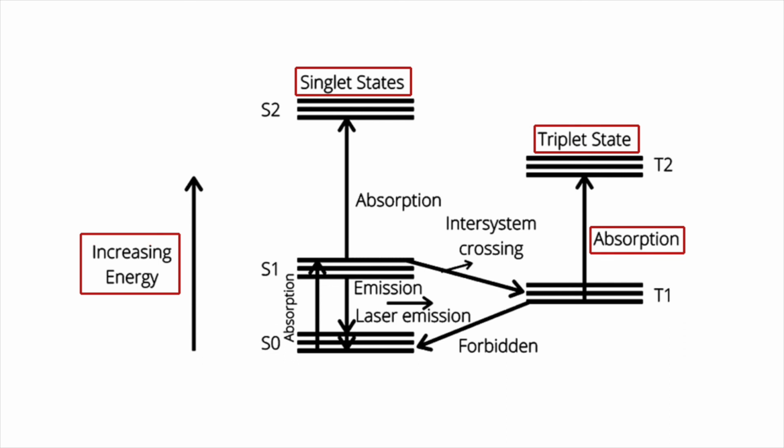Since an even number of pi electrons are there, the ground state will usually be a singlet state. So you have the lowest singlet state S0, a higher one S1, higher still S2, like that.